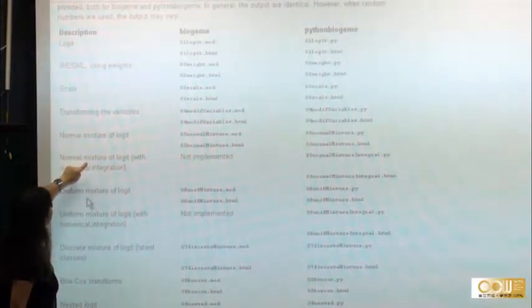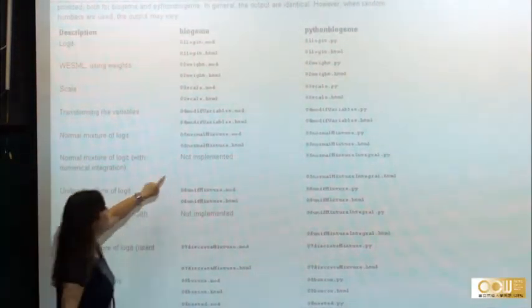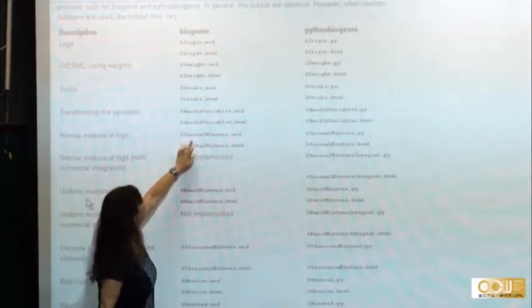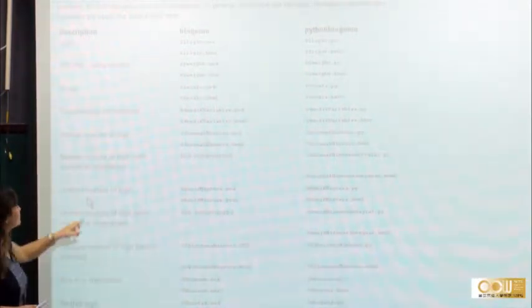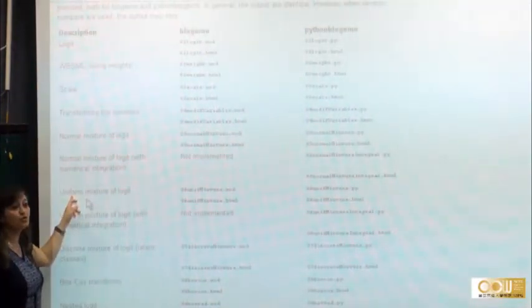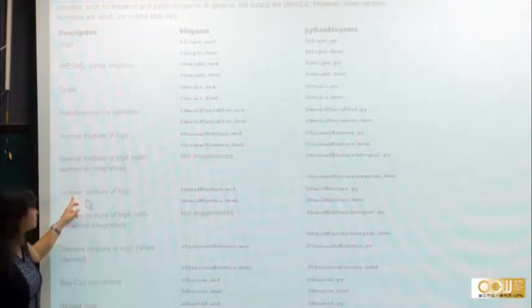Logit with numerical integration, so it means that, oh yes, not improvement. This is with simulation. You wanted to do this with numerical integration, never done it. Uniform mixture of logit means mixed logit with uniform distribution for random coefficients. Not implemented.